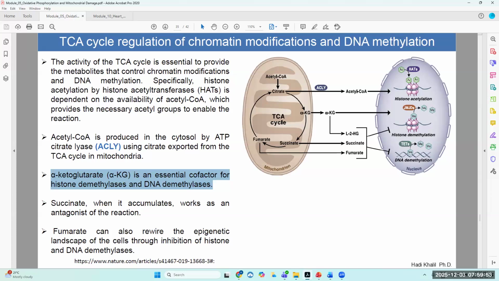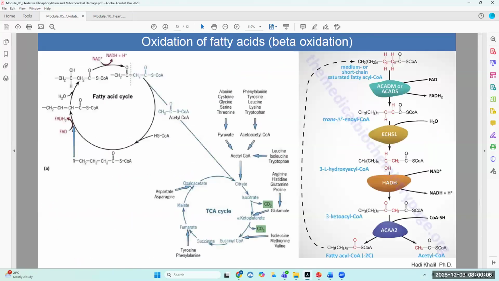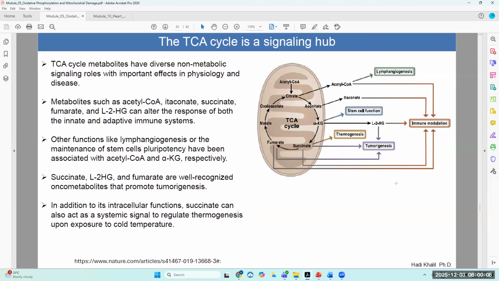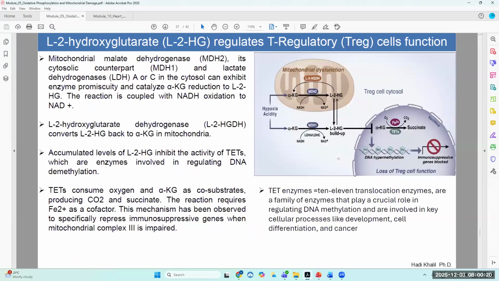The other one is the acetyl-CoA, which would be used as a cofactor for the enzymes. There were very few of those, in fact. If I remember well, there were only 2 or 3 applications. This is one slide of it, and we focus on L2HG, and then the alpha ketoglutarate and acetyl-CoA.